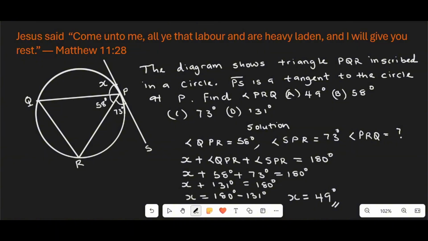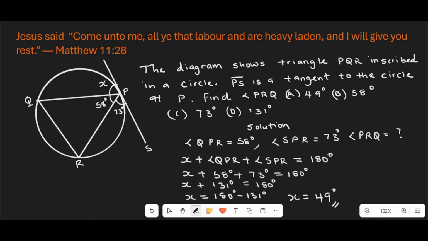Now let us find angle PRQ using the alternate segment theorem. The alternate segment theorem says the angle between a chord and a tangent is equal to the angle in the alternate segment.